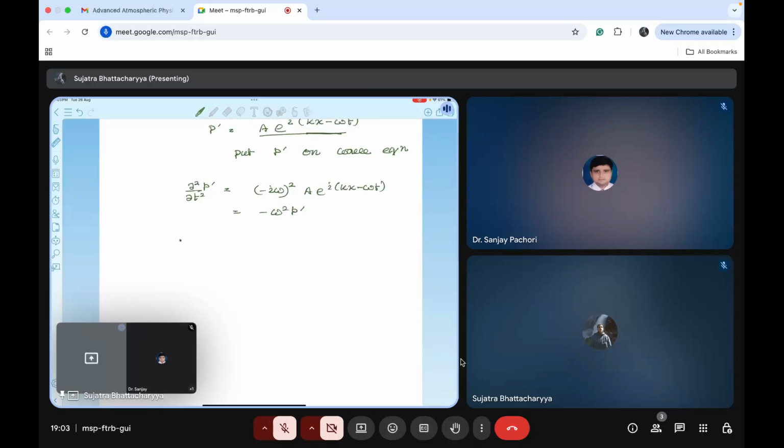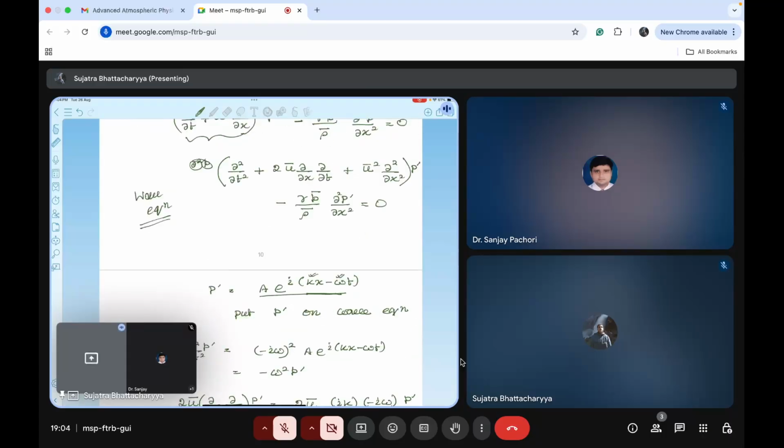Similarly, 2 u bar del del x del del t of p dash. What will it be? 2 u bar, del del x will give you iota k, del del t will give you minus iota omega, times p dash. And finally, u bar square del square by del x square of p dash will give you u bar square and iota k whole square p dash.